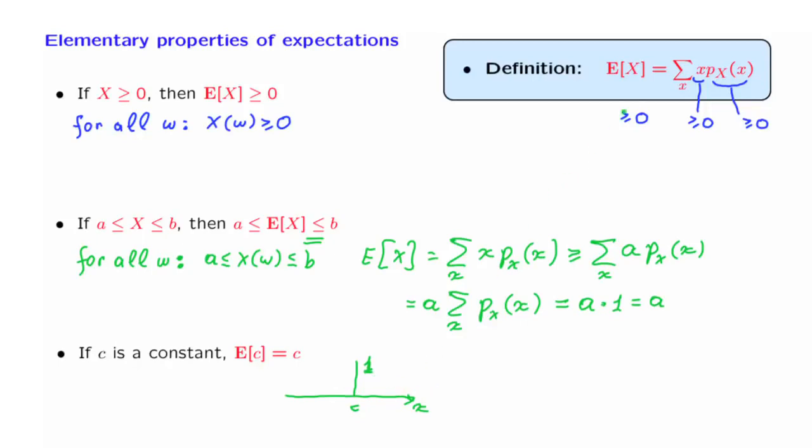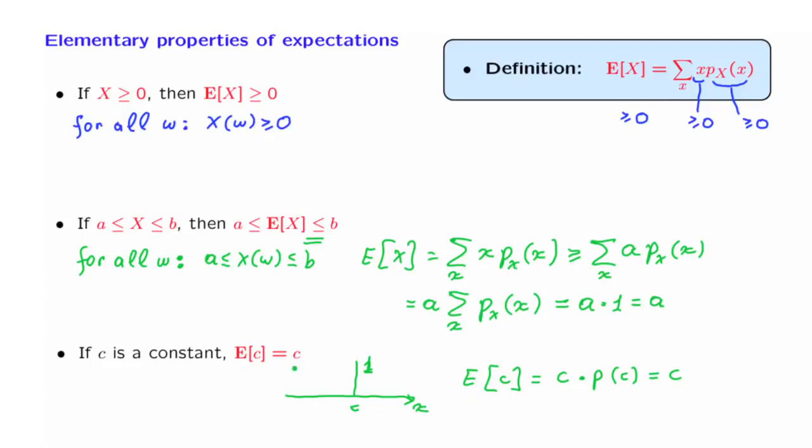This means that in the formula for the expected value, there's going to be only one term in this summation, and that term is going to be c times the probability that our random variable takes the value c. Now, that probability is equal to 1, and we're left with c.